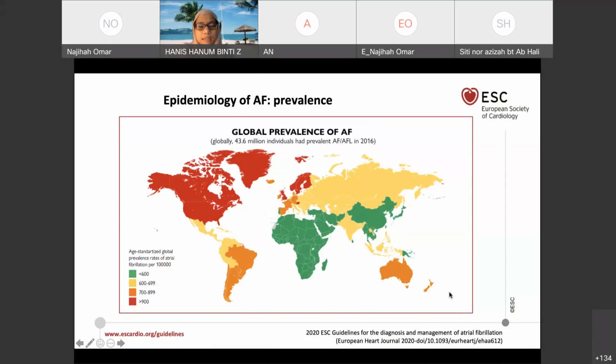We are the second last in detecting AF, probably because we are not aware of it and we are not looking hard enough to find patients with AF. Globally, about 44 million people have AF. This was done in 2016.